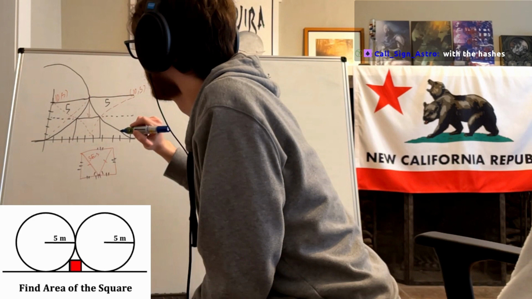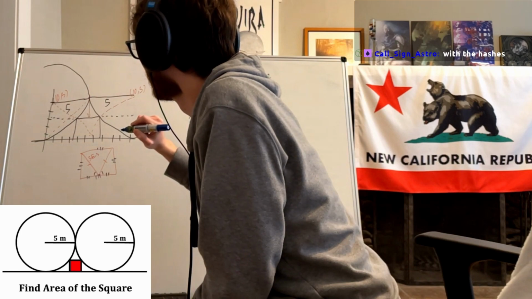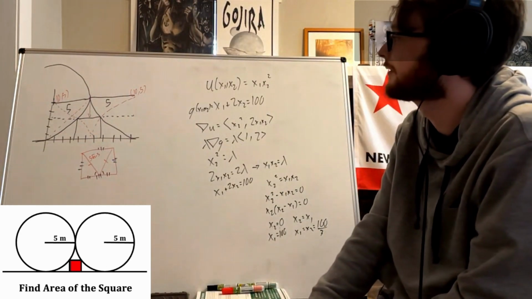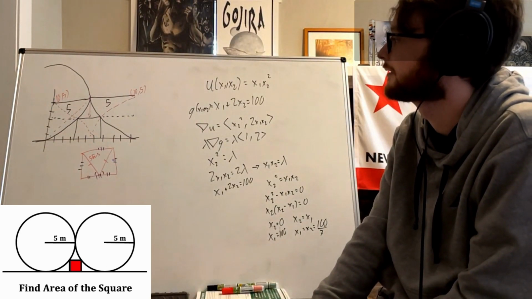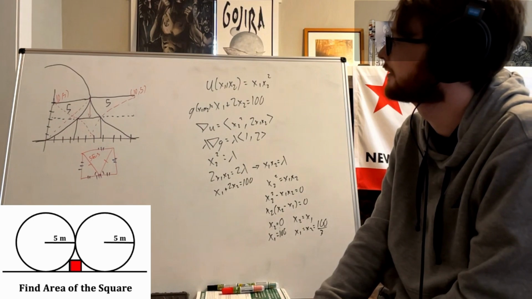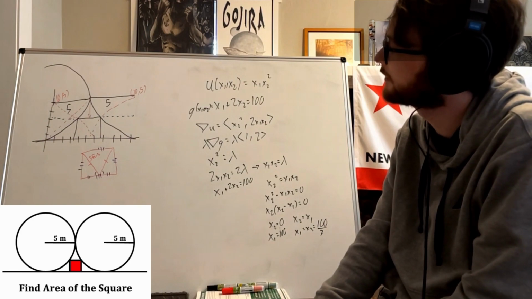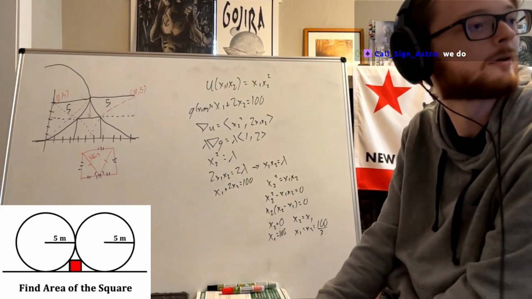Wait. I had it for a second. Oh, we don't know what the bottom is, though. I thought we knew what the bottom was. What? How do we use the Pythagorean theorem, then? I don't think we know what the side is.